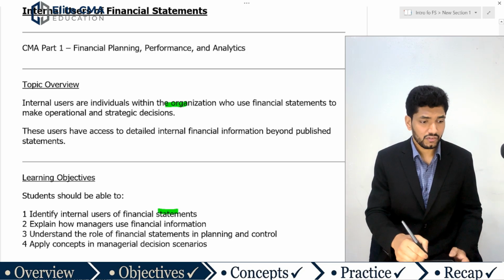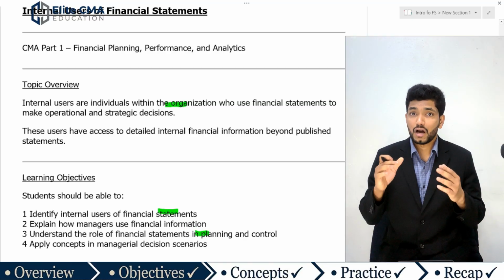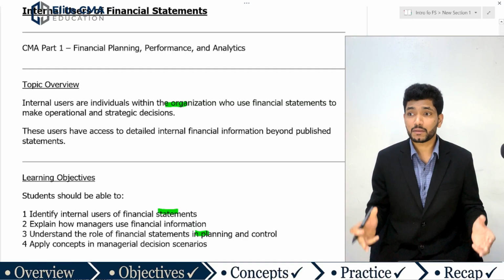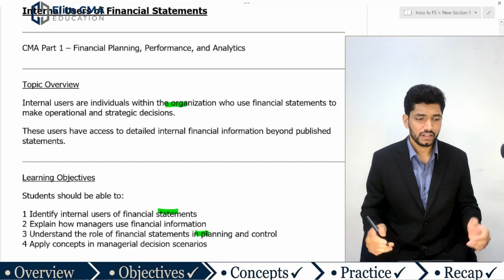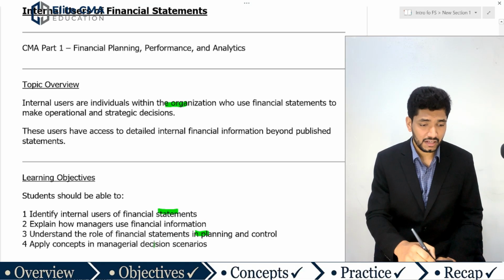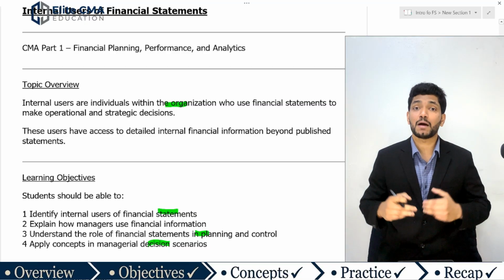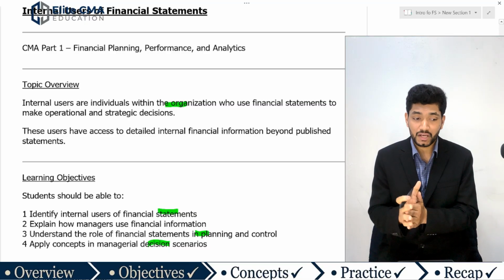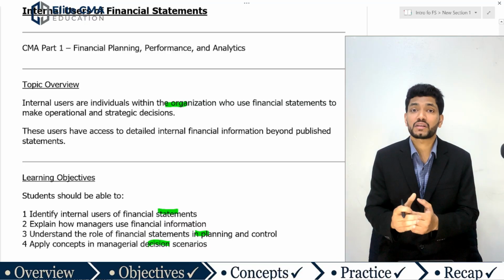The third objective is to understand the role of financial statements in planning and control, how the financial statement helps the management in the process of planning and control. Then, apply the concept in managerial decision scenarios.